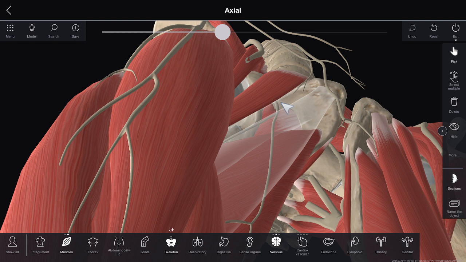It is adductor brevis, and on this specimen, adductor brevis was removed. Why? So we can see the place where it goes from the pelvis. Here it is, nervus obturatorius.